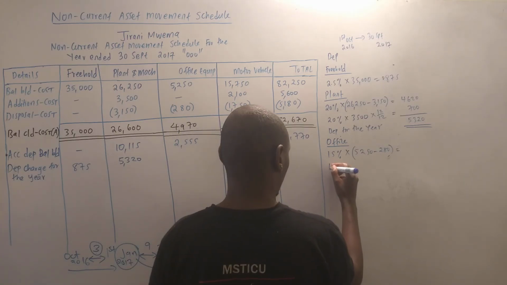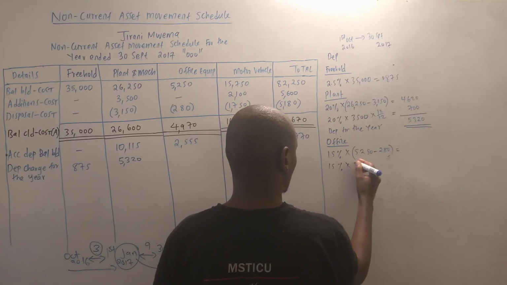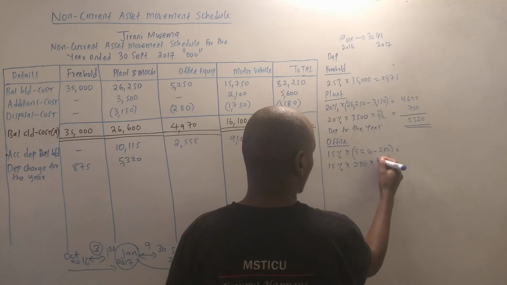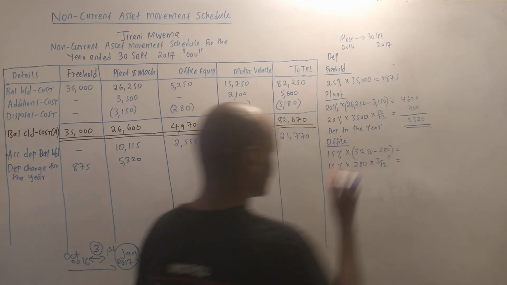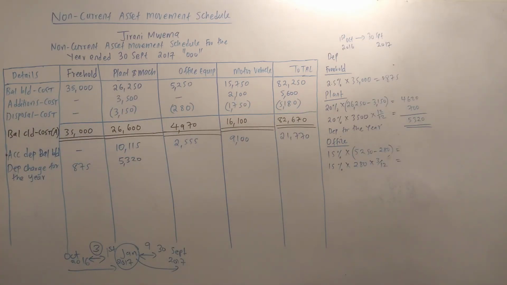That is 15% times 280 times 3 over 12, only those 3 months. The 280 that was sold, it was sold in 2017, but in that year it was used for at least 3 months. So we consider those 3 months before we sold it.